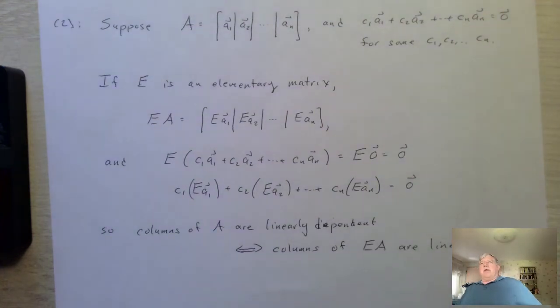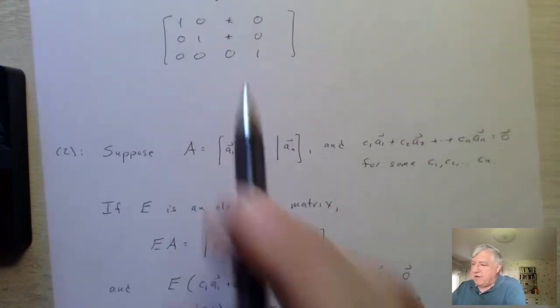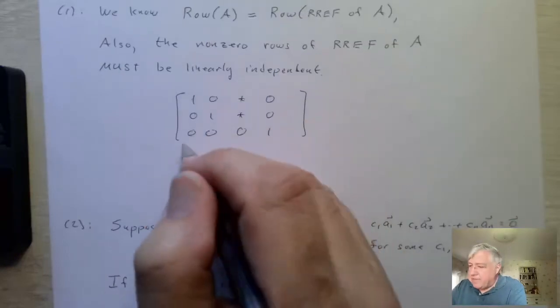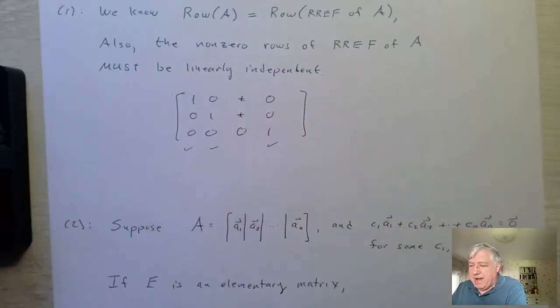So if you just think about this, in the reduced row echelon form, it's very easy to see that this column and this column have to be linearly independent, right?